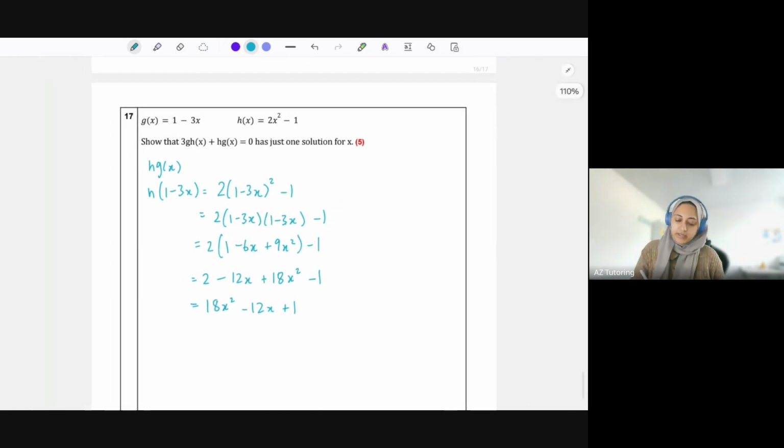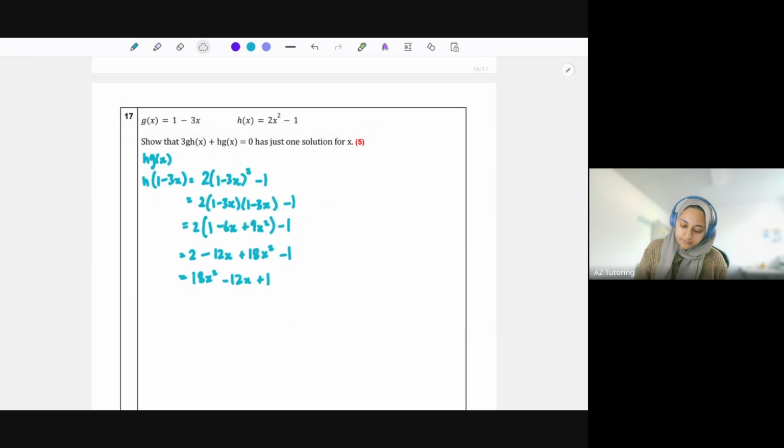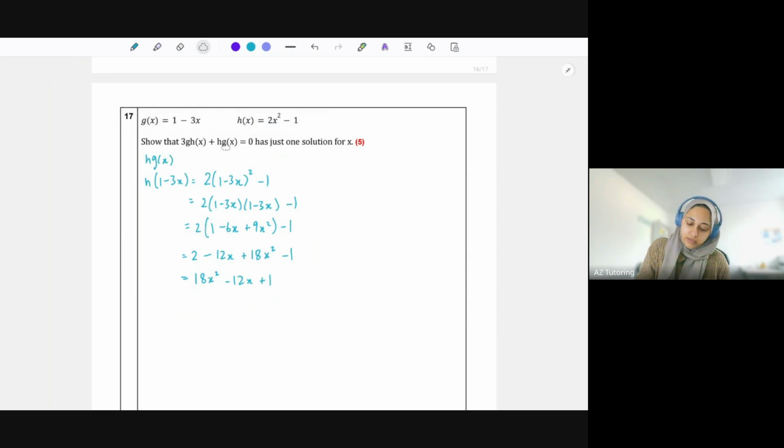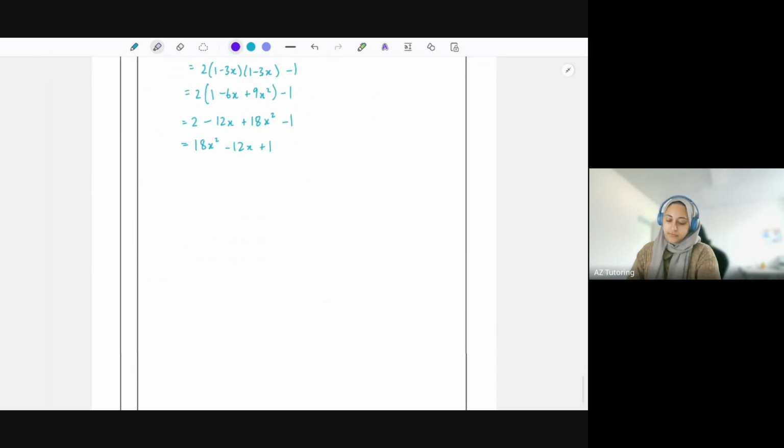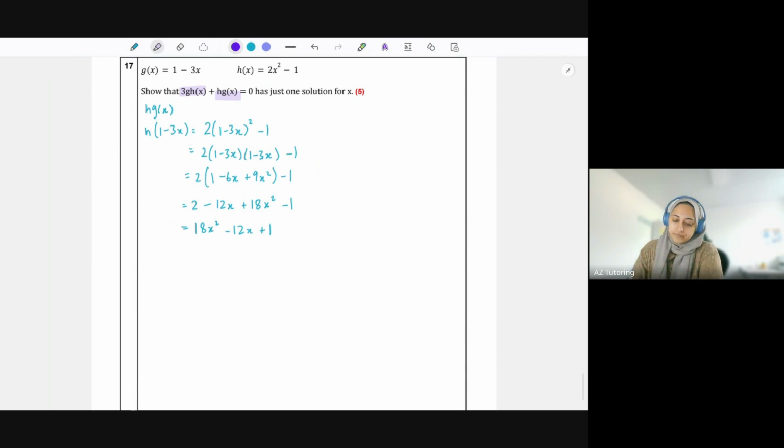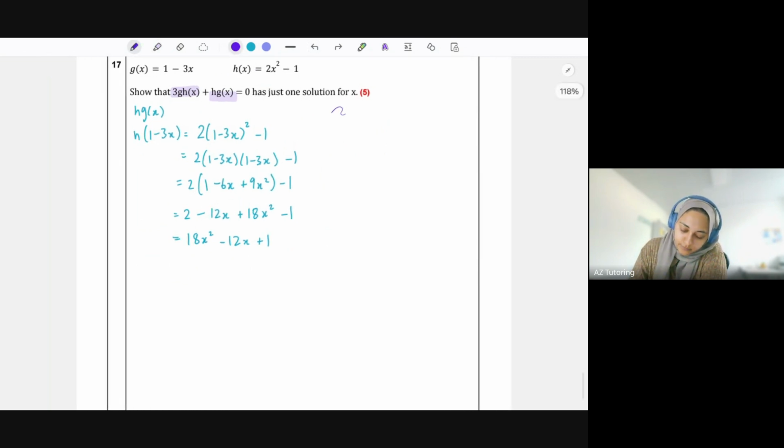Okay, so I found hg of x. Let me make that a bit smaller. So I found this. Let me find 3gh of x now. I'll do it in a different color. Okay, so 3 times g h of x.